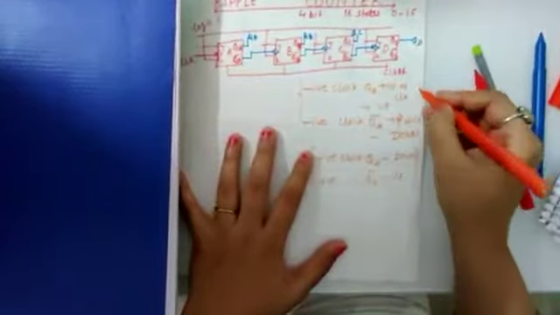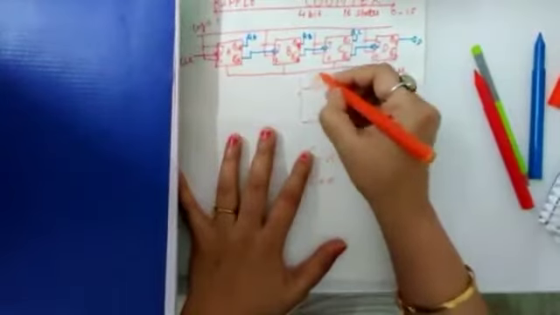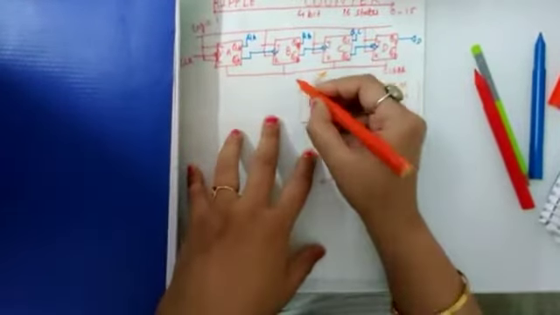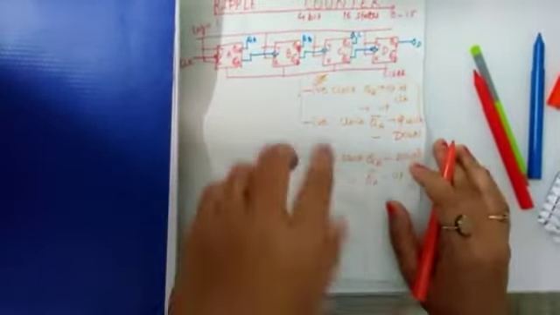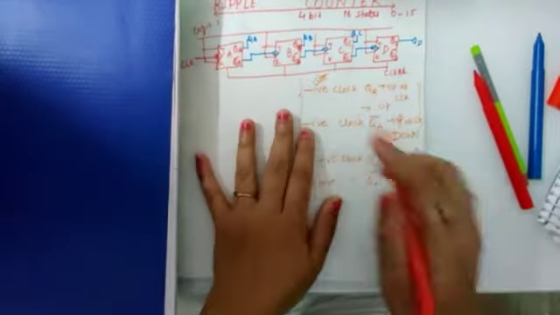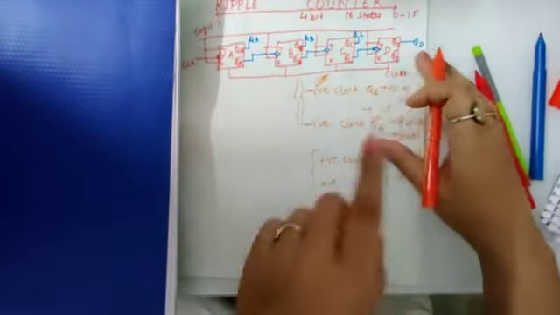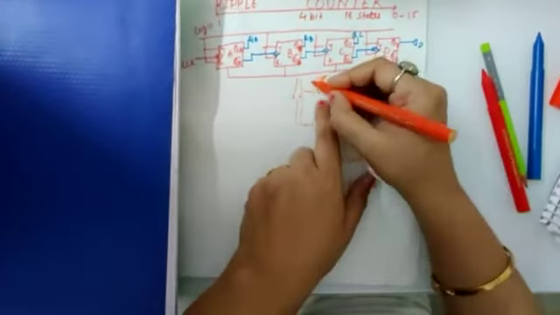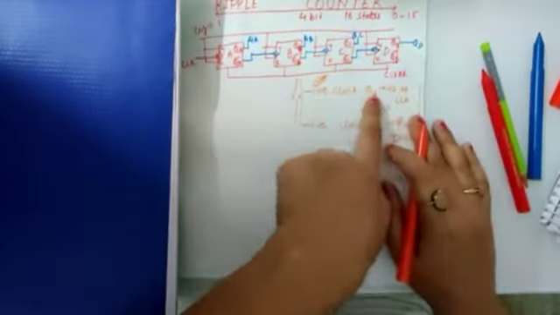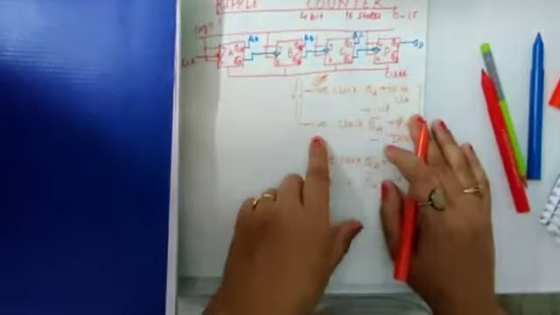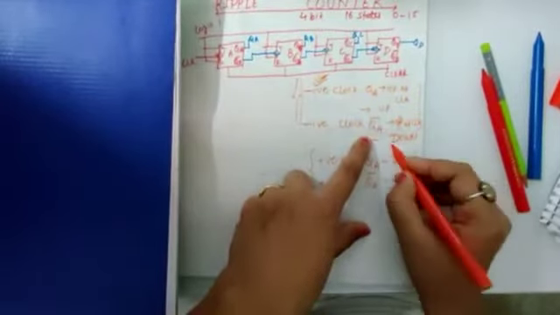So you learn any one. I think you should learn it this manner. Generally in most books you will find the method with the negative clock. Otherwise you can use any one, but just learn any one trick. Take the negative clock always: QA output, it will do up counting. Negative clock, QA bar output, it will do down counting. Just keep in mind. Okay, so this is just the trick to learn.